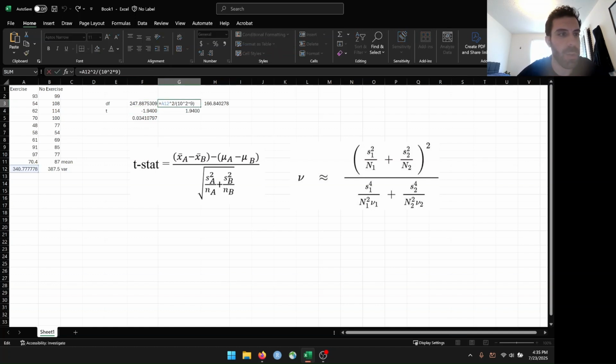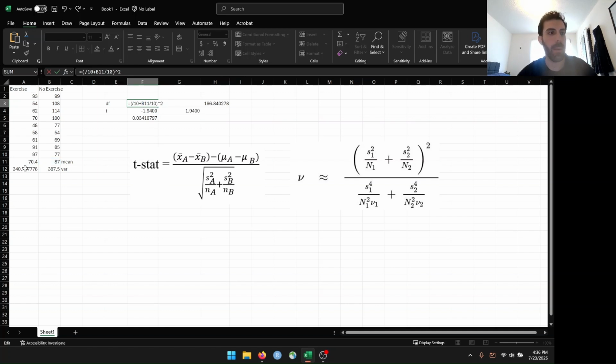I wonder if I made a similar mistake here. Is that variance squared divided by sample size squared times degrees of freedom? I wonder if I chose the mean here. Oh, yeah, I did. I chose the mean instead of the variance, so that's my issue.